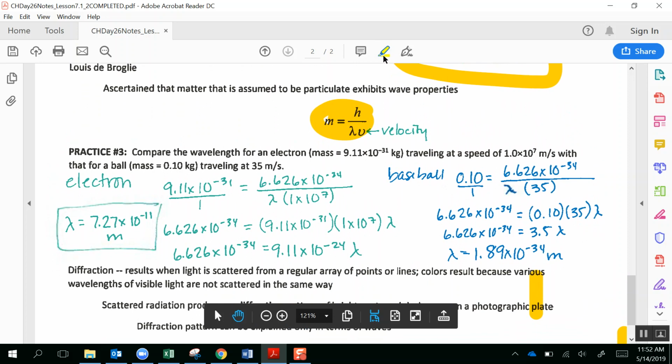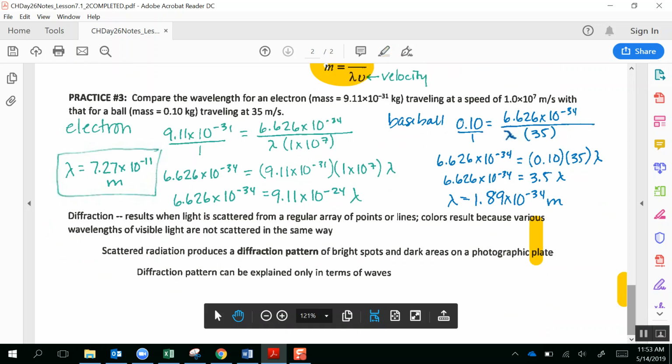So where electron is in green, plugged in the numbers to the equation that's highlighted above. Baseball's in blue, and we figure out that the wavelength of a baseball is much, much smaller than the wavelength of an electron. And then the last part of these notes talk about diffraction. And diffraction results when light is scattered from a regular array of points or lines.